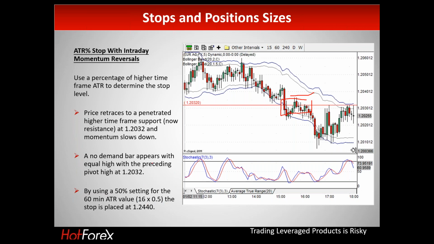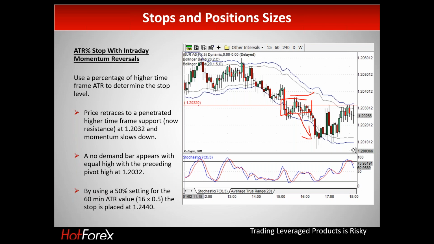So 50% of 16 pips is 8. So if we have taken an entry position at 120.32, and we are in a short position, then the stop will be 8 pips higher than entry point.